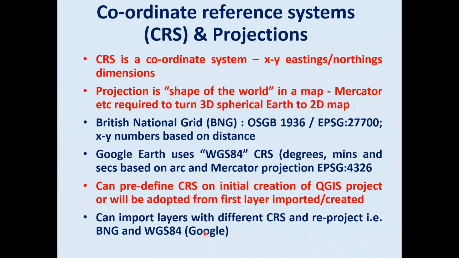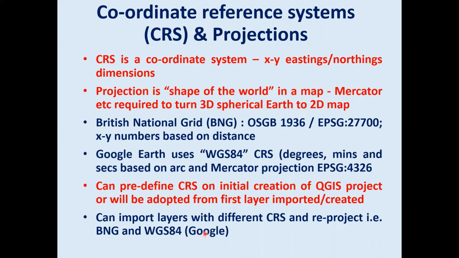Okay, a little bit more vocabulary before we go on. GIS systems need what's called a coordinate reference system and a projection. So the coordinate system, you can think about as the X and the Y, if you think back to more graph-like things, or if you're using Ordnance Survey speak, your eastings and northings dimensions.